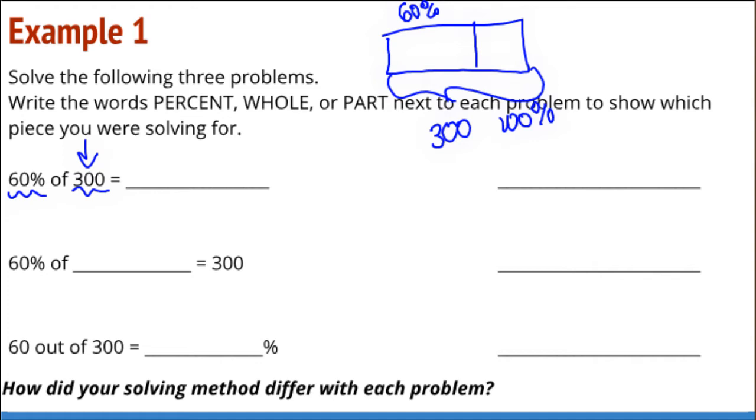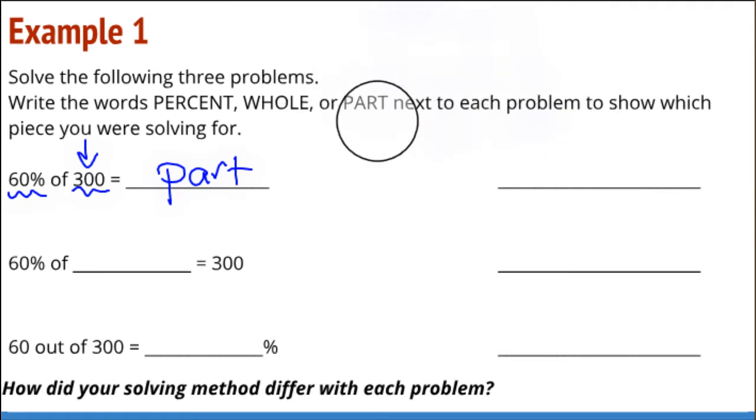But what they haven't told me is the value of the 60%. What is the 60% equal to? Which is the part. So I am looking for a part here. I am looking for 60% of 300.